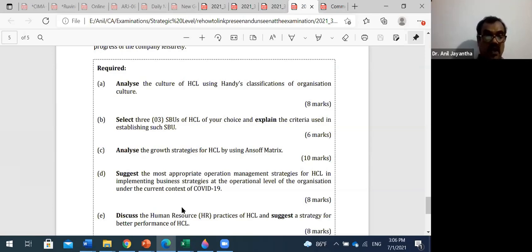Therefore, you need to take into account the new aspect, the importance of human resource practices, and the tendencies.